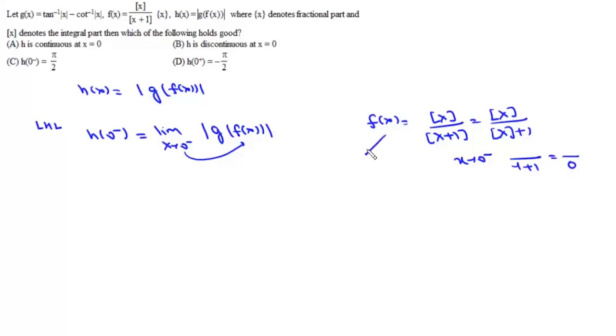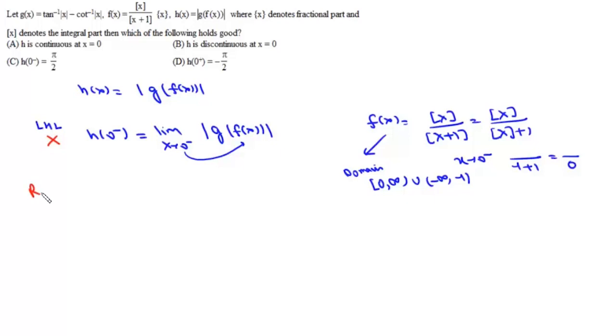So for this function f(x), domain is defined from 0 to infinity union minus infinity to minus 1. So in the left neighborhood of 0, this function f(x) doesn't exist. That means this function g of f(x) will also not exist. So for this function h(x), this left hand limit is not possible.